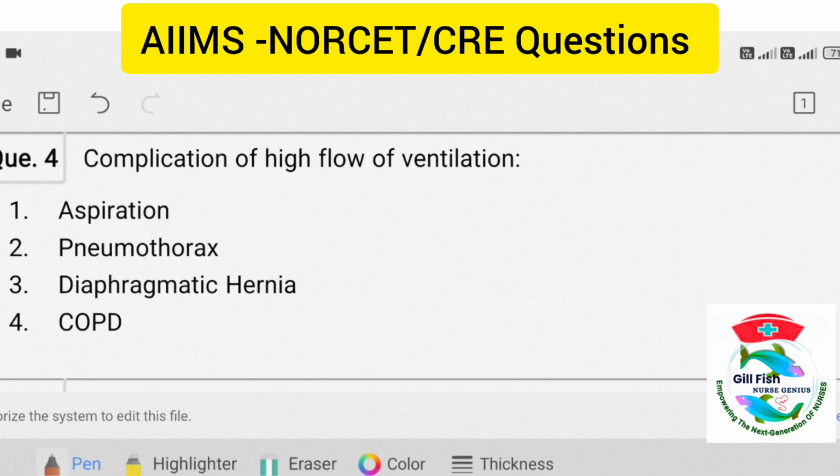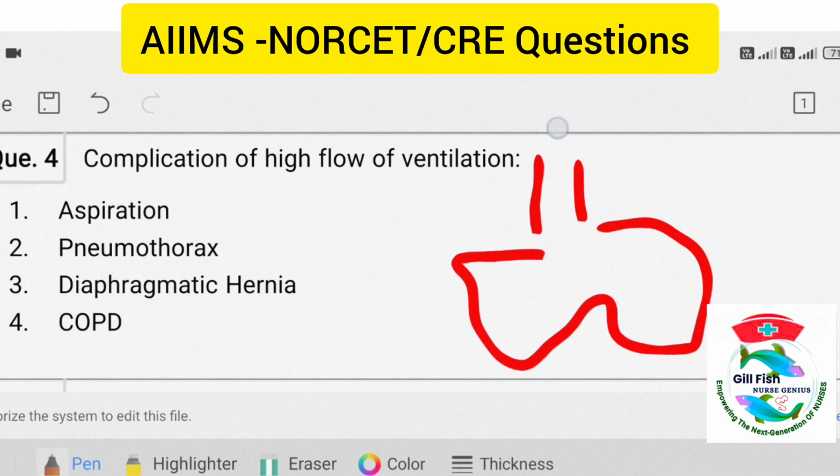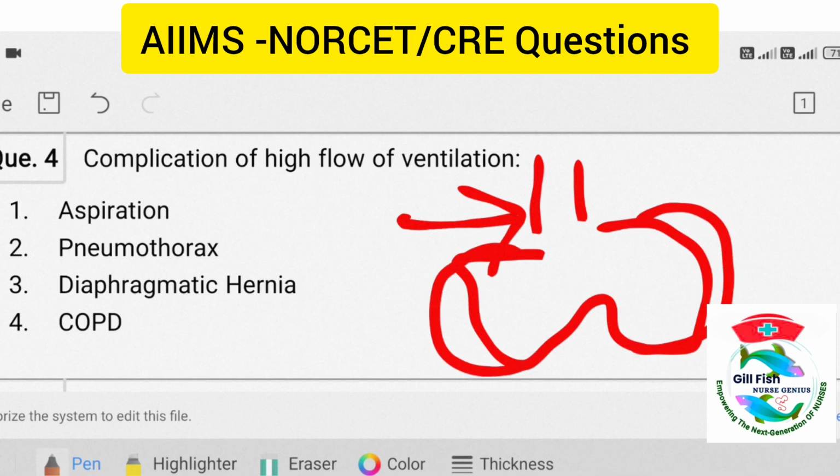There is enlargement of the lungs, and that is pneumothorax. We are going to accumulate air in the thoracic cavity. So option 2, pneumothorax, will be the correct answer.